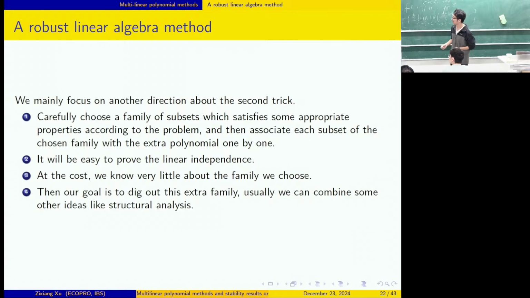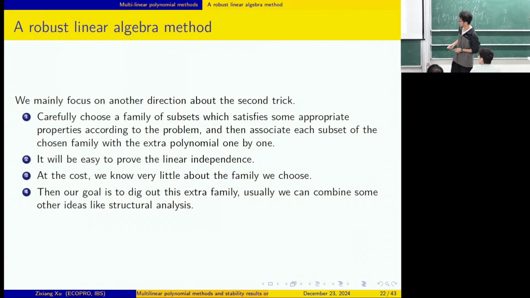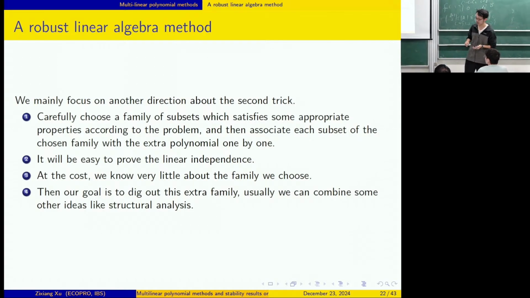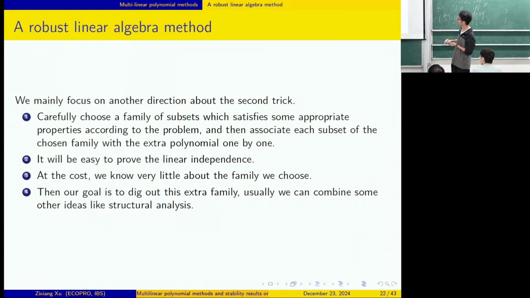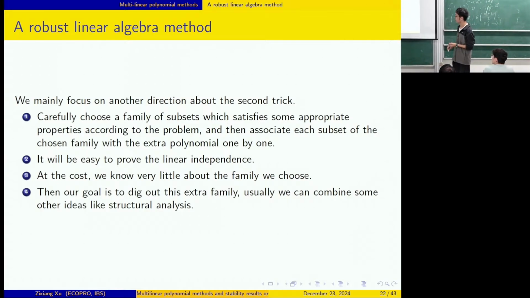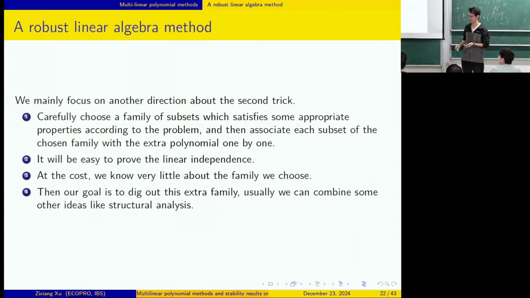But what we did is we very carefully choose some families which satisfy some specific properties, which help us prove the linear independence very easily. Then, at the cost, we know little about the extra family we insert.